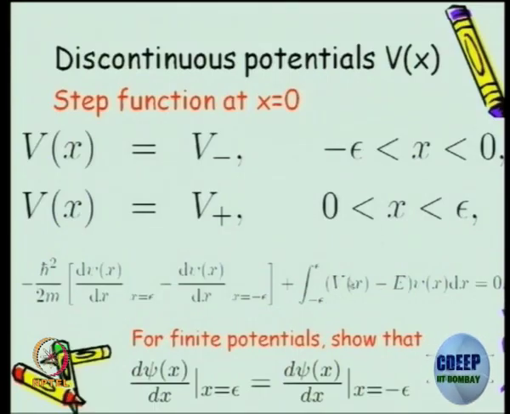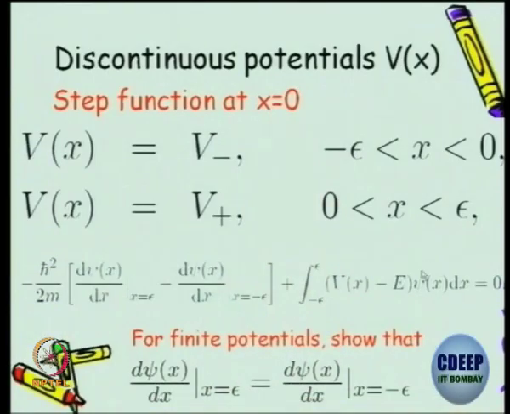Now, you can play around, putting V of x from minus epsilon to 0 plus another V of x between 0 to epsilon, substituting V minus and V plus, and take the limit epsilon tending to 0. We are looking closely at the boundary between the two regions.